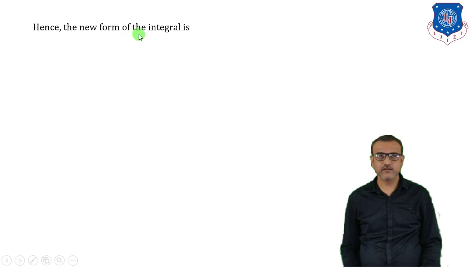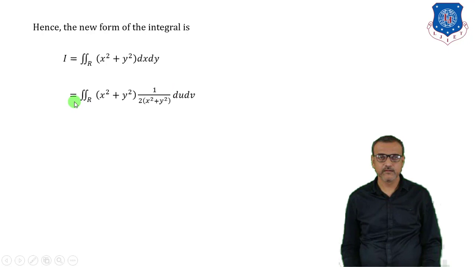Hence the new form of the integral I equals the double integration of x square plus y square dx dy over the given region R, which is nothing but x square plus y square times modulus of J du dv, and the value of modulus of J is 1 upon 2 into bracket x square plus y square.